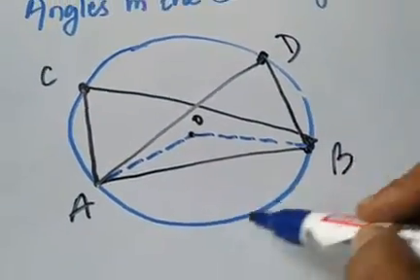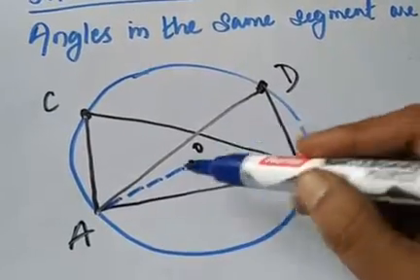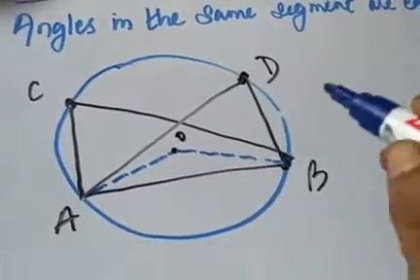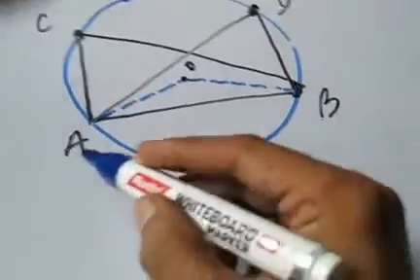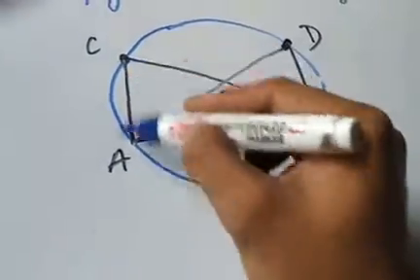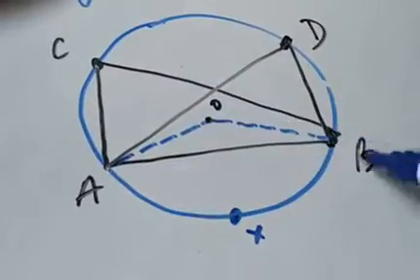After doing this, like I've told you before, we are solving all these theorems using angle at the center and angle at the circle. So we are first considering, let's say this is our arc AXB. For arc AXB, you can see angle at the center is AOB.